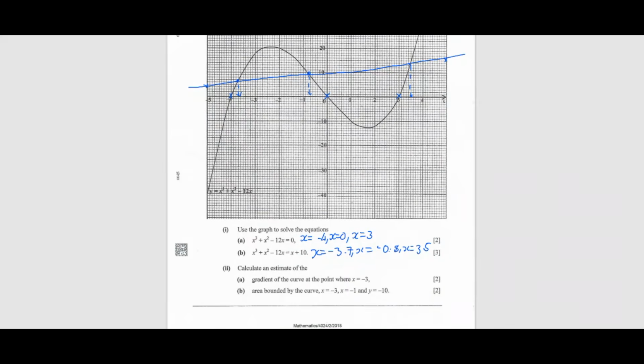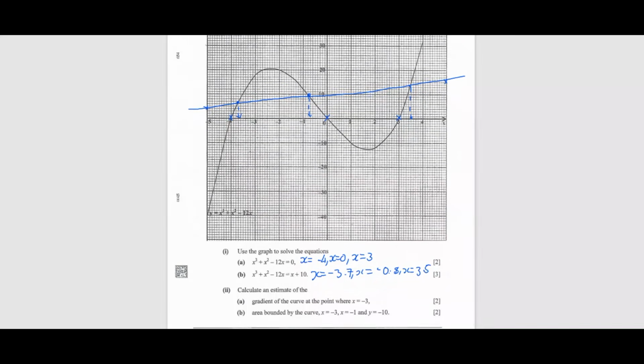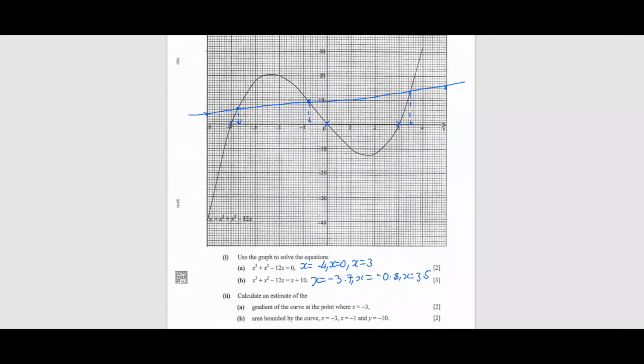We need to draw the tangent where x is equal to -3. Where x is equal to -3 is here. If we are to find the value of y, y is 18.